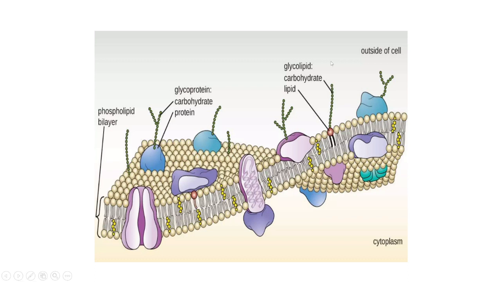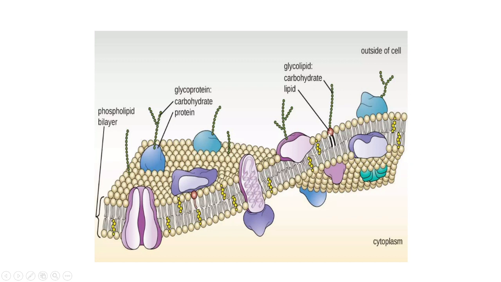So this is your lipid bilayer, where you have the phospholipid. This portion is a phospholipid bilayer, and these are the different membrane proteins, which can be integral proteins or peripheral proteins that you have over here. These are attached to different glycoproteins, and this one is your glycoprotein, where you have the protein over here, and this is the carbohydrate.